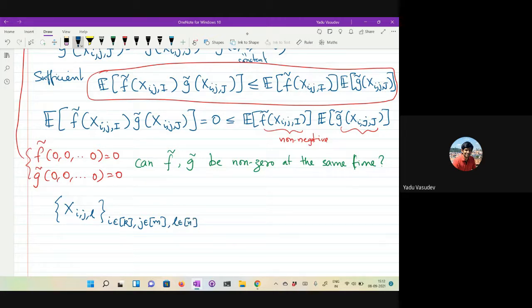So now this is also negatively associated. Why? Because of what property? These are negatively associated because of closure under union.